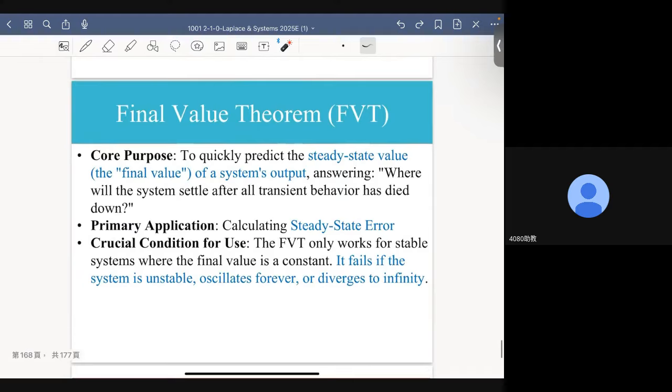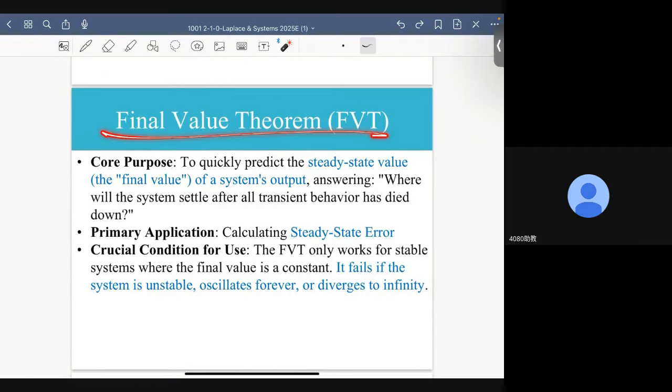Okay? Now, let me make some remarks about the final value theorem. What is its purpose? It helps us quickly predict the steady state values or the final values of the system output. That's why it is called the final value theorem. It answers the following question: where will the system settle after all transient behavior has died down? Okay.